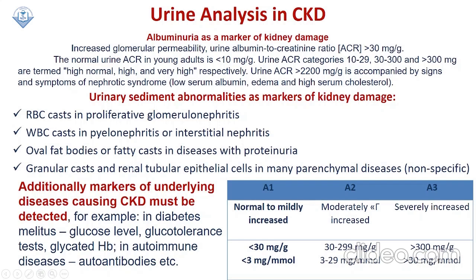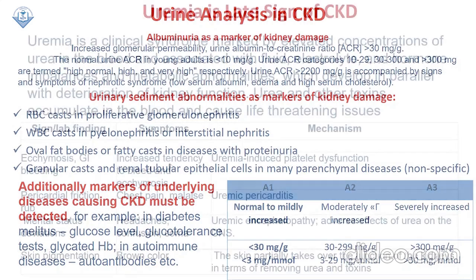Granular casts and renal tubular epithelial cells may be in some parenchymal diseases. Additionally, we must detect markers for underlying diseases. For example, if a patient has diabetes mellitus, we must check glucose level, glucose tolerance test, glycated hemoglobin, and so on. If a patient has an autoimmune disease, we must additionally check antibodies which are specific for particular diseases to confirm diagnosis.